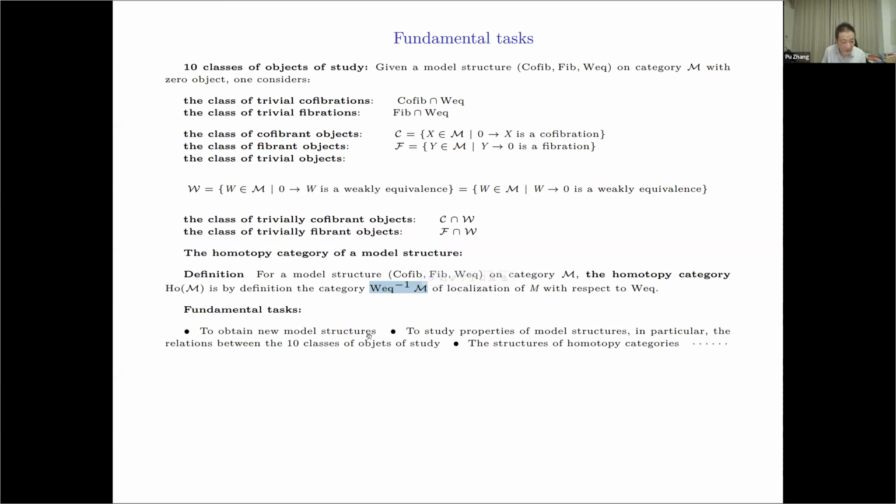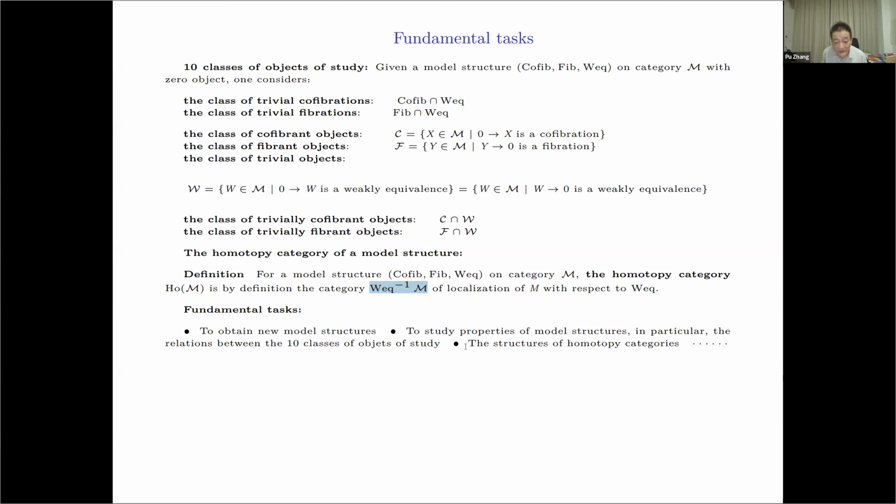Okay. Then the fundamental task is that we want to try to get new model structures to study these properties of model structure, in particular the relations between these two classes of objects of study.